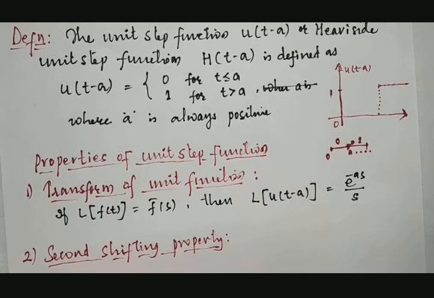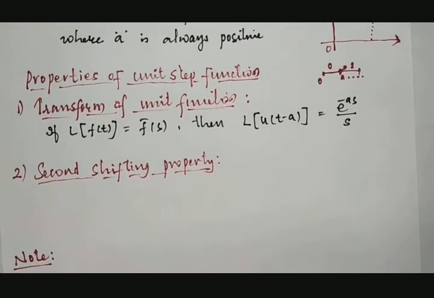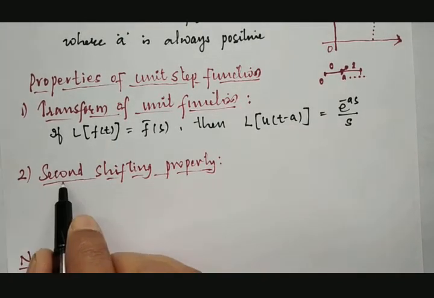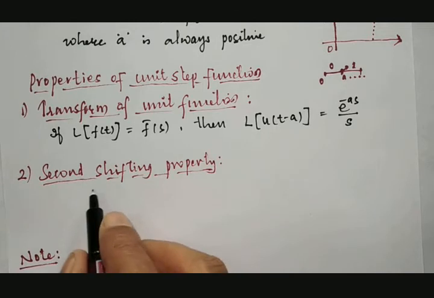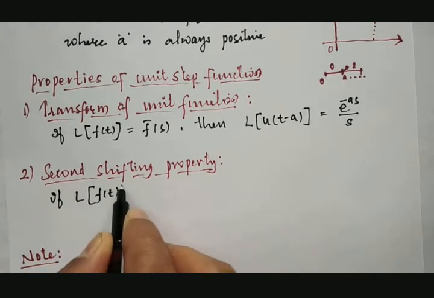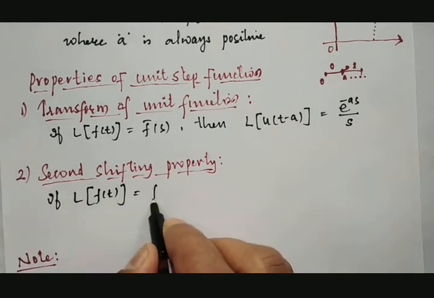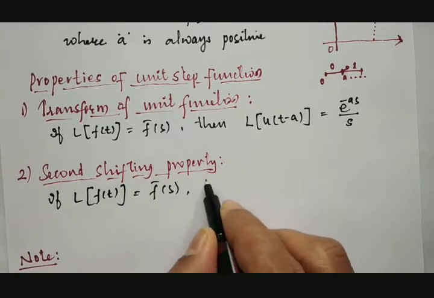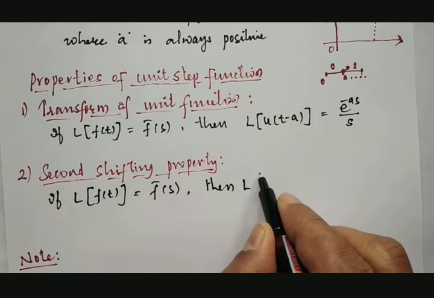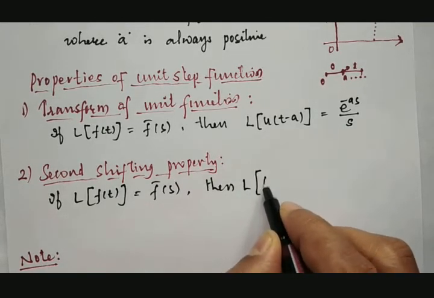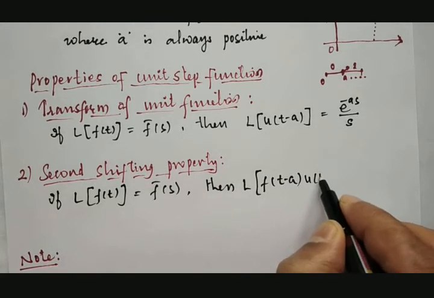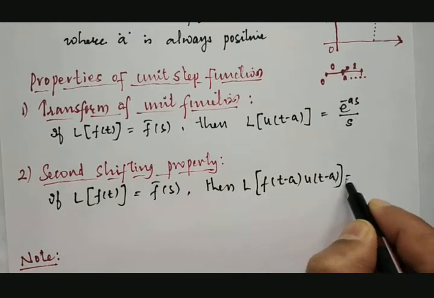This is the result. Then we go through the second property, which is known as the second shifting property. If the Laplace transformation of f of t is equal to f bar of s, again well known, then the Laplace transformation of f of t minus a into u of t minus a is equal to what?